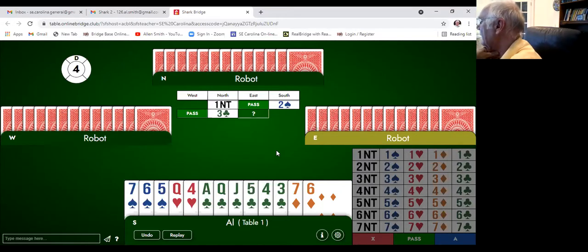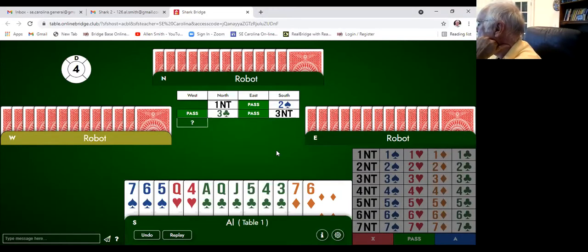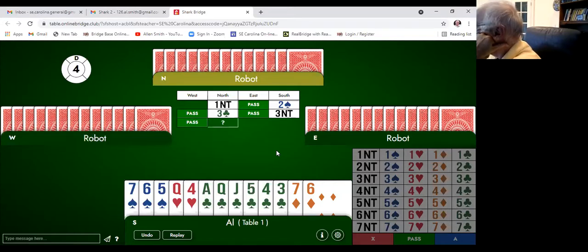Okay, but then it comes back around. And we go, well, we've got enough points. Well, we've got 4, 6, 8, 9. What we're going to do is just close our eyes and bid 3 no trump. Okay? Now, it's not the best bid in the world, but at the same time, because of a weakness, we don't want.